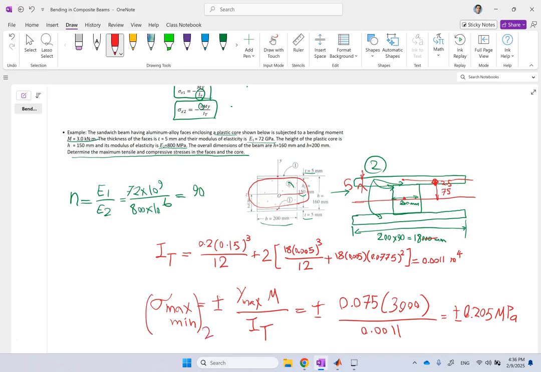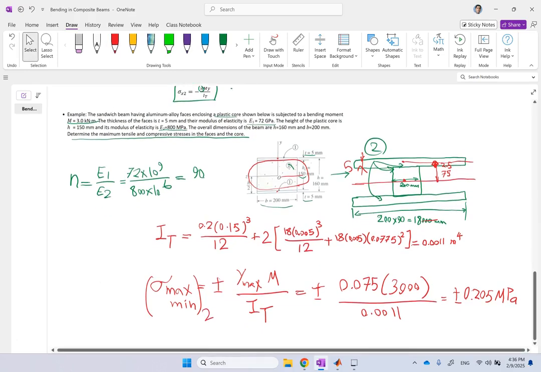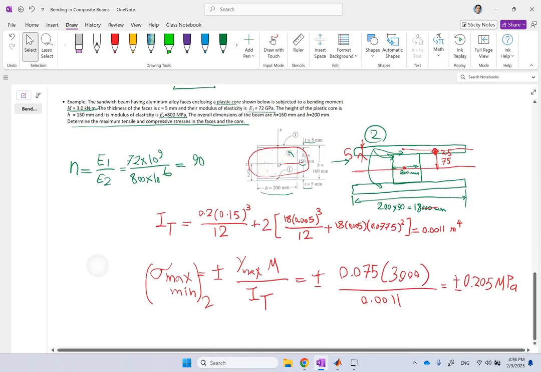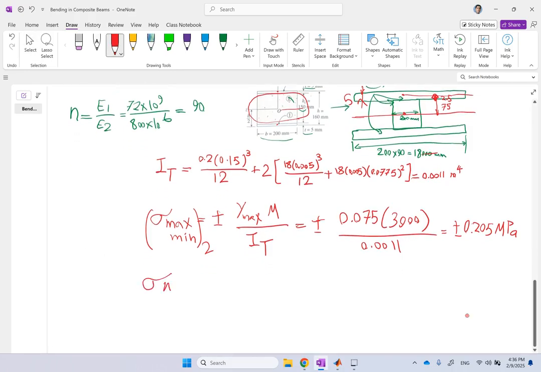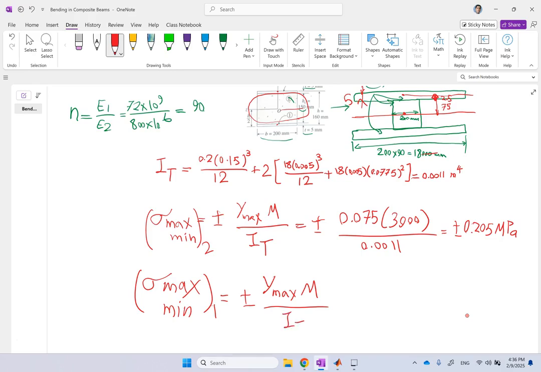Now for section 1, what you need to do is you have to find their y's and then multiply it by n. So if I want the sigma max and min in section 1 in the aluminum as opposed to plastic, again, this is plus and minus, and the way I write it, because it's symmetric, y max of this section times M of that over I total, and then the whole thing times n.